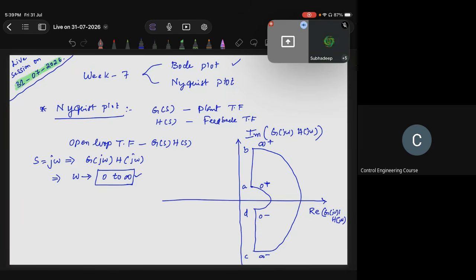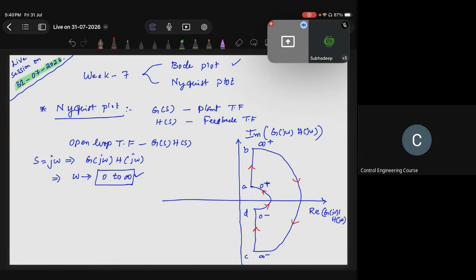So this is the model. We wanted to plot the G of J omega, H of J omega, real and imaginary parts, by varying the omega from 0 to infinity. To know that behavior, what we do is we go from minus infinity to plus infinity and plot all the values. So we start at A with 0 plus and go to infinity plus at B. Then we go to C at infinity minus, then D at 0 minus, and then from 0 minus we go to 0 plus.